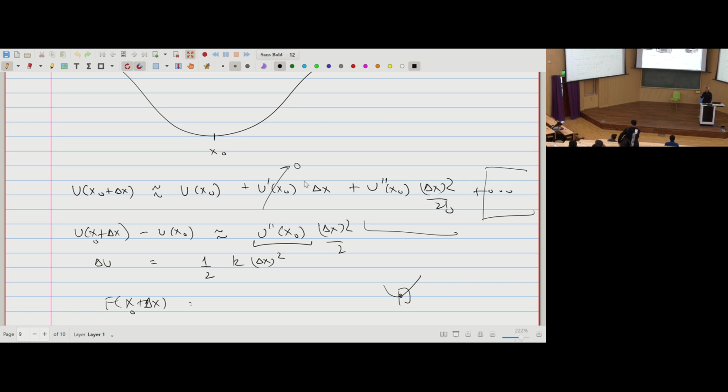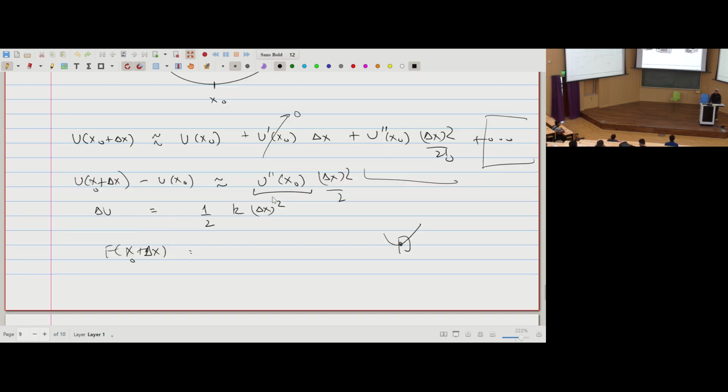The force can be non-linear, but for small displacements using Taylor expansion, you can show that the force will be linear, or you can do the Taylor expansion of the potential energy function. From that also, we showed that it is of the form half times Kx squared, where K is given as the second derivative of the potential energy curve about the equilibrium position. So that is where we stopped. We'll continue from there.